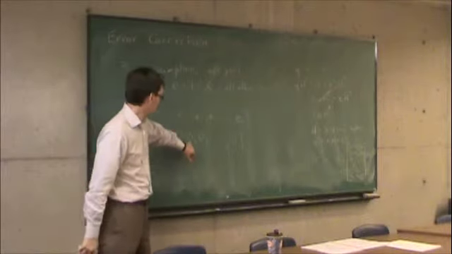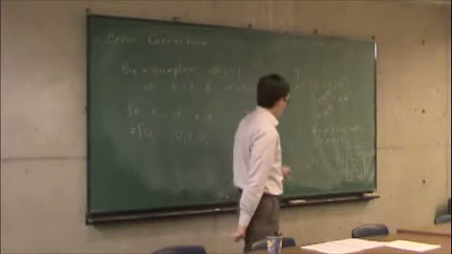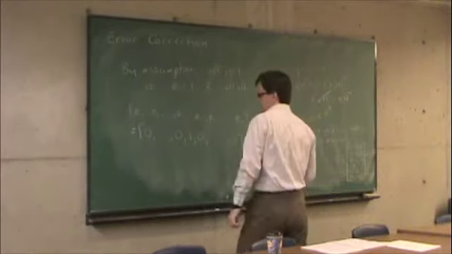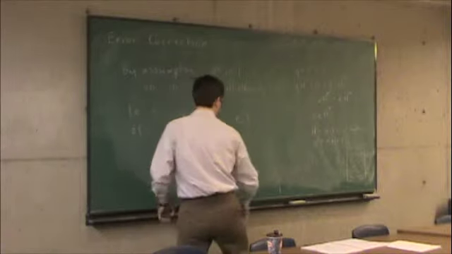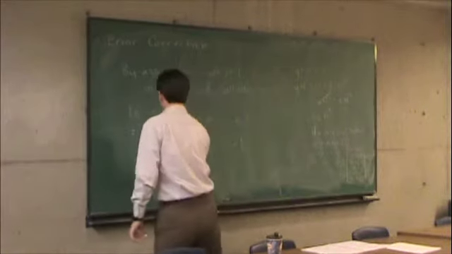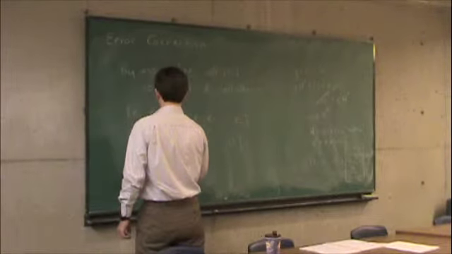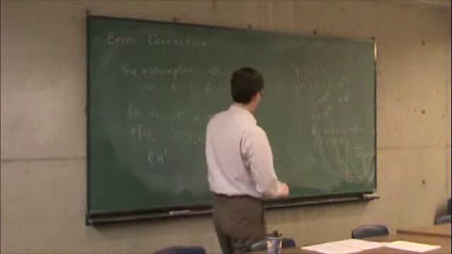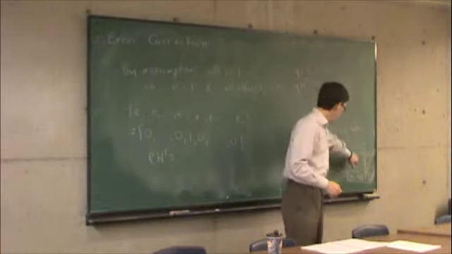So the error occurs in the ith position. What does that mean over here? If E_i is 1, E H transpose is equal to what? Well, it's E_1 times h_1 plus E_2 times h_2.